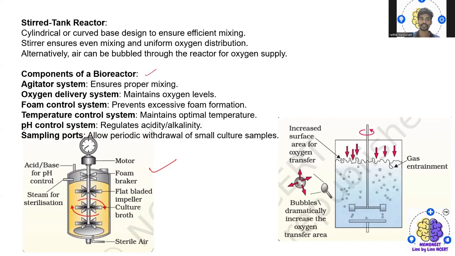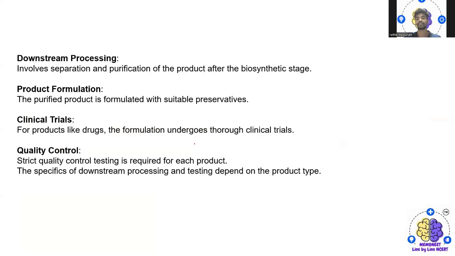Then we have the agitator system that ensures proper mixing, the oxygen delivery system, which maintains the oxygen level, the foam control system, which prevents excessive foam formation, the temperature control system, which maintains an optimum temperature, the pH control system, which regulates alkalinity and acidity, and sampling ports, which allow periodic withdrawal of small culture samples.